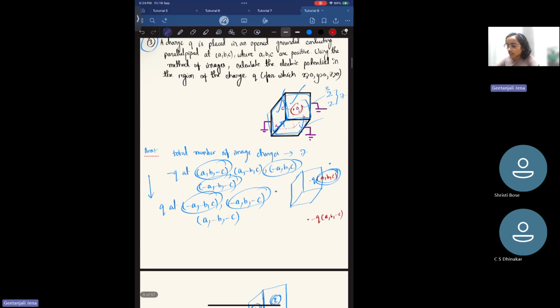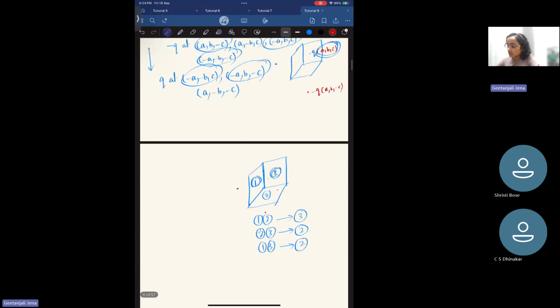Charge Q is given. It is at the point A, B, C. Yes, it is given in the question.